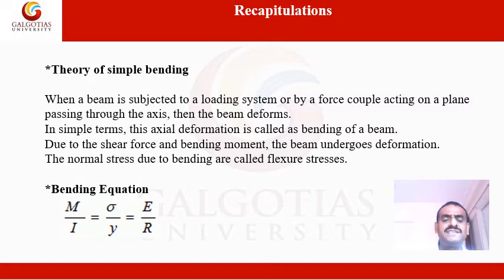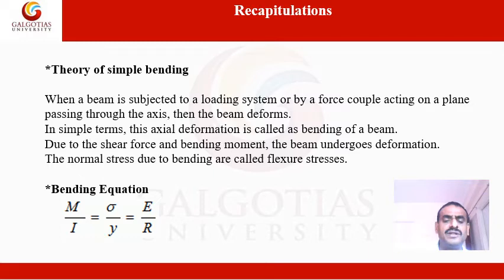Then E is the Young's modulus of the material of the beam. Based on the material of the beam, Young's modulus also changes. The unit for Young's modulus is Newton per meter square, where capital R indicates the radius of curvature of the beam. The unit of radius of curvature is meter.